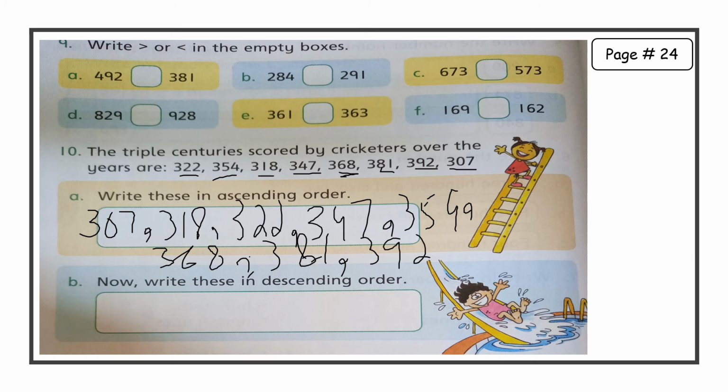So the digit at hundreds place was same in all the numbers, so we compared the digit at tens place.